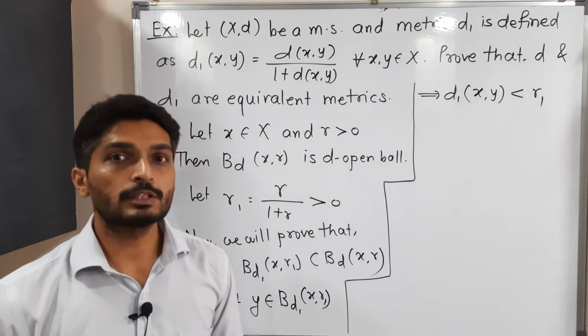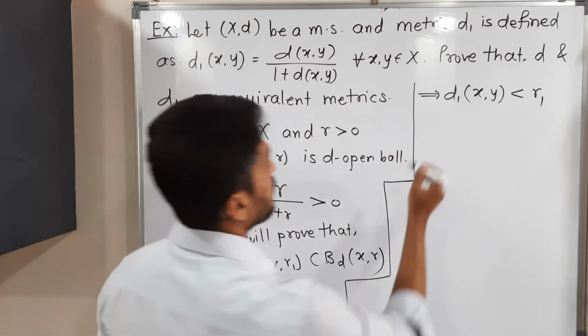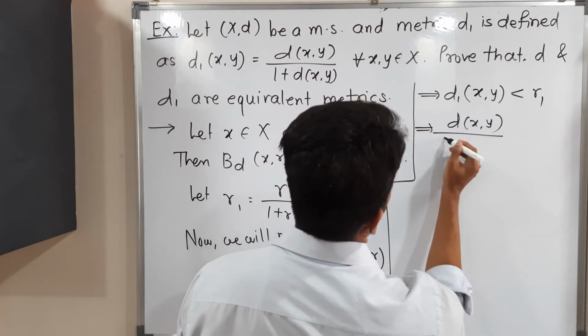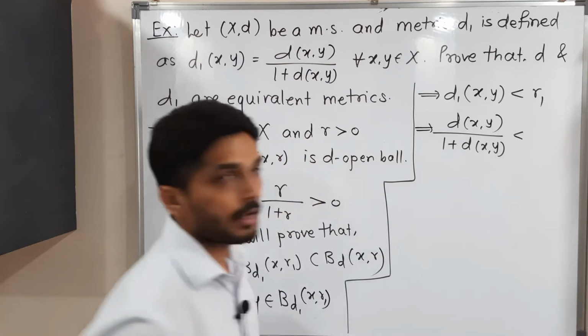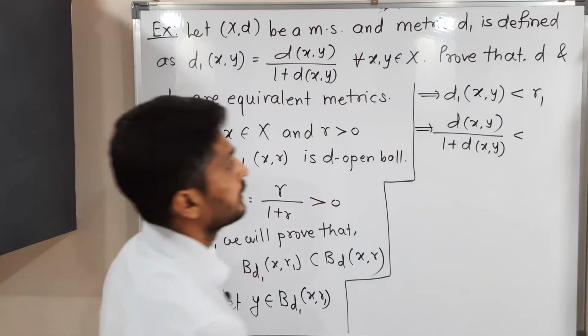But what is the definition of d1? The definition of d1 is this one: d(x, y) / (1 + d(x, y)) less than r1. What is the definition of r1? r / (1 + r). Let us put it.